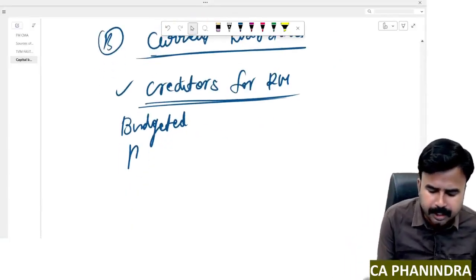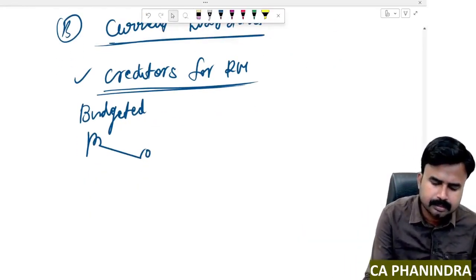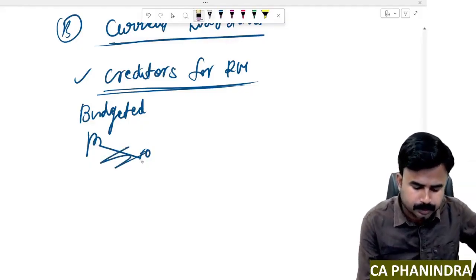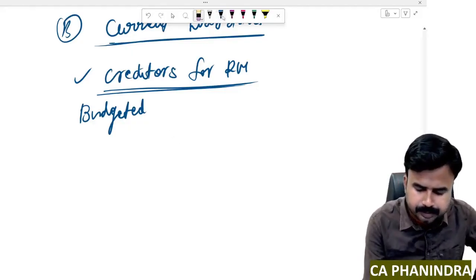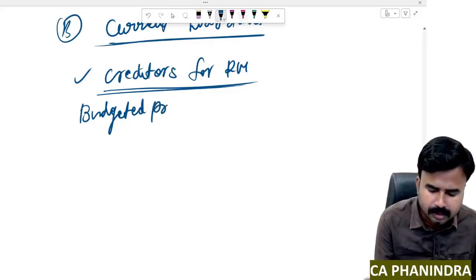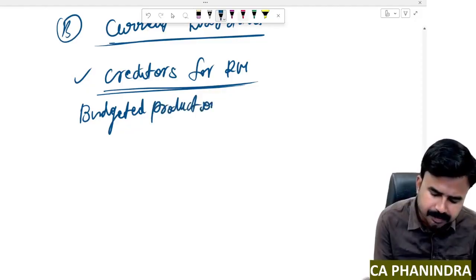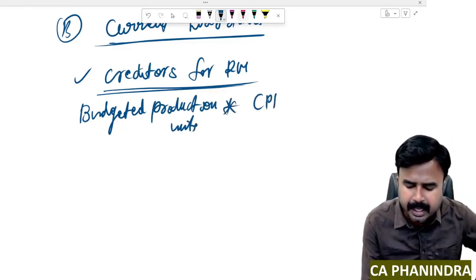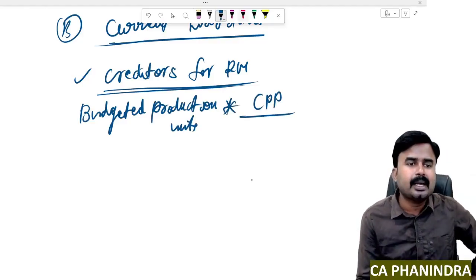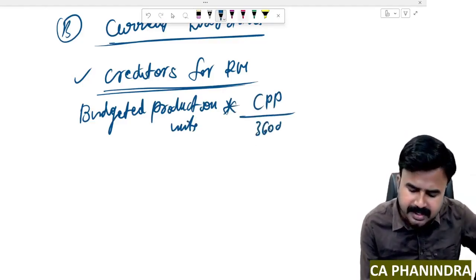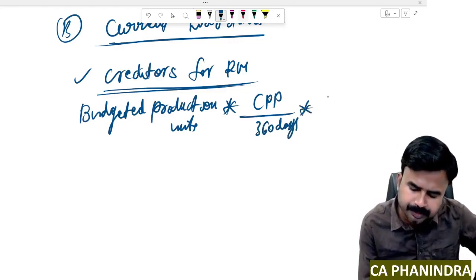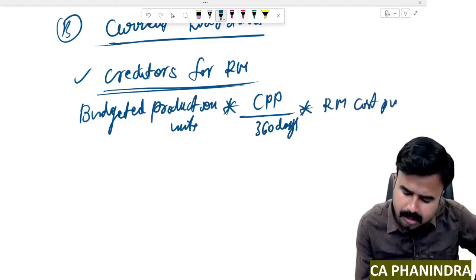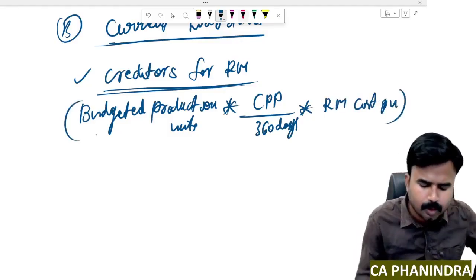Budgeted production units into CPP, creditors payment period, divided by 360 days into raw material cost per unit, because creditors will be calculated by taking raw material cost per unit.